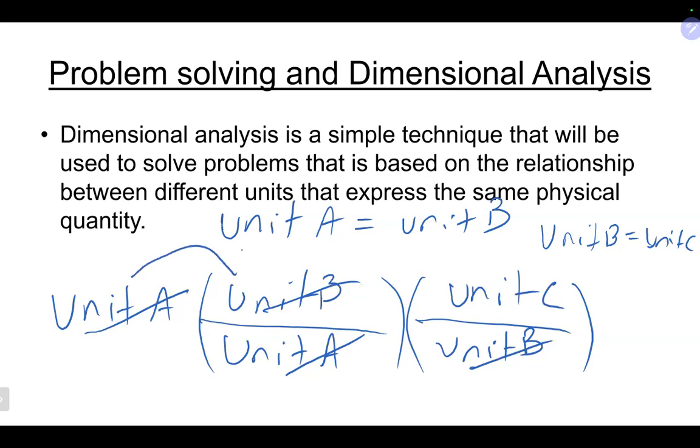Again, we would be multiplying across the top, coming back and dividing across the bottom. So that's mathematically what we're doing. If you have multiple conversions to do, you could just do them all in a row. Any questions on that there?